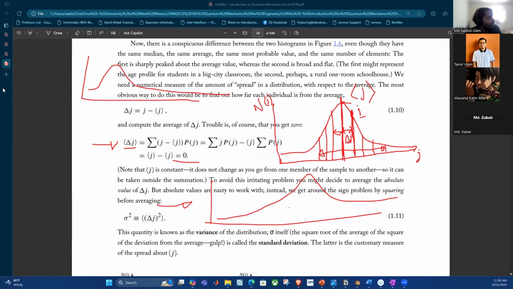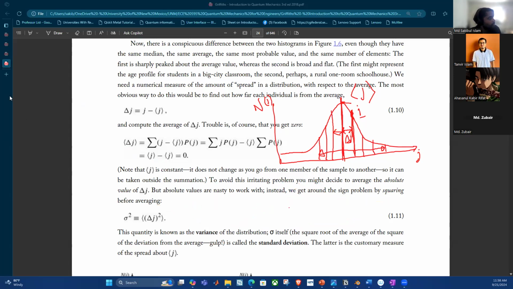Okay, let me clear the screen a bit. It will be helpful to explain. Okay, so this is your average. If you see, there are some positive because this value is j, negative, that is your average, that is j. And how far it is spreading, because this is positive, this will be greater than 0. The same amount, but it will be negative.